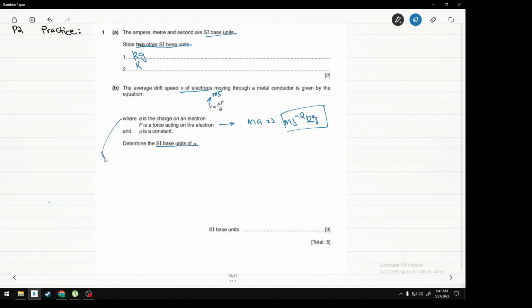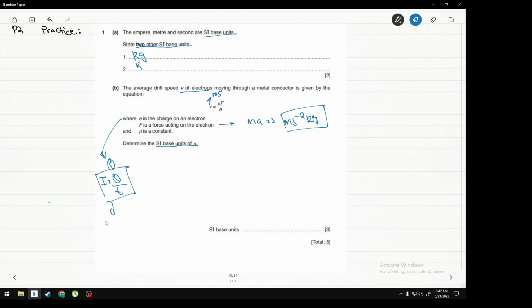Now E is a tricky one, which you probably haven't seen yet. So E is the charge, right? The equation relating charge with base units is current is equal to charge per unit time, right? Now you don't need to know this equation right now. I'm just telling you this.